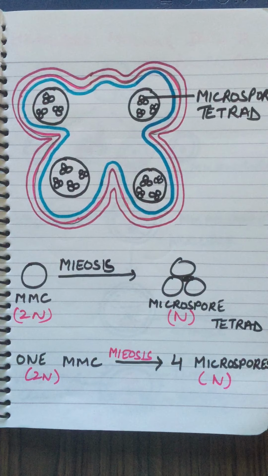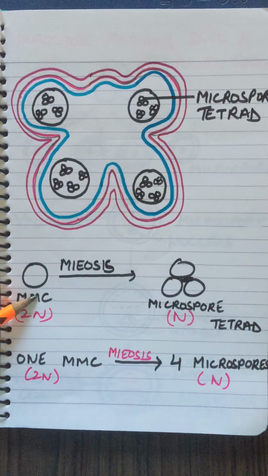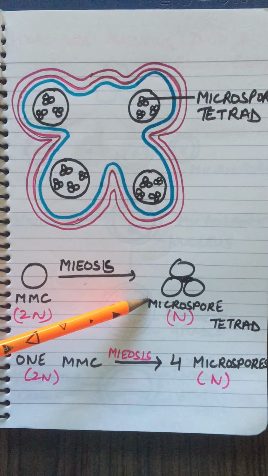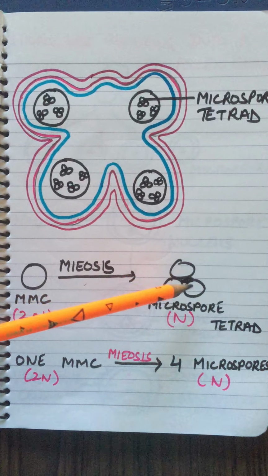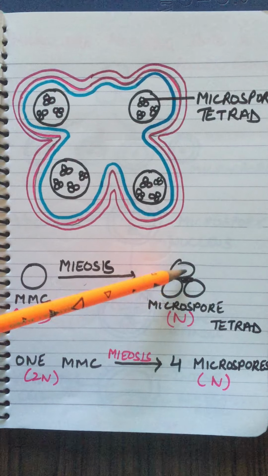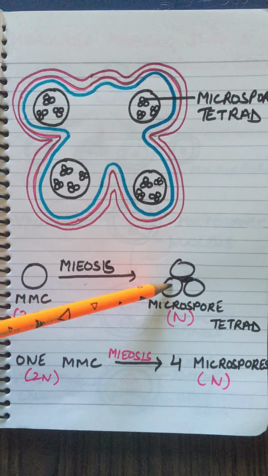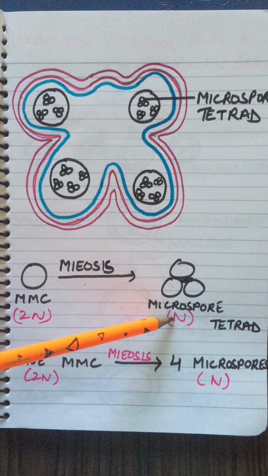Now you see here, a single microspore mother cell, when it undergoes meiosis, will form 4 microspores, and these 4 microspores are arranged in a tetrad. One is behind these 3, so it is a microspore tetrad, and each microspore has n number of chromosomes.